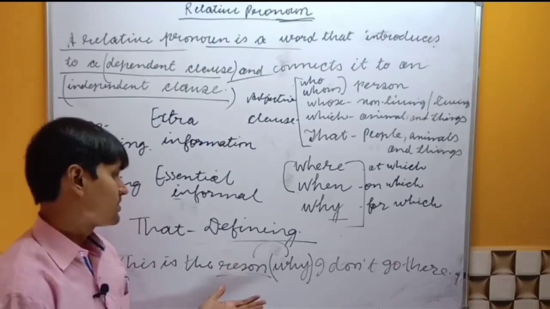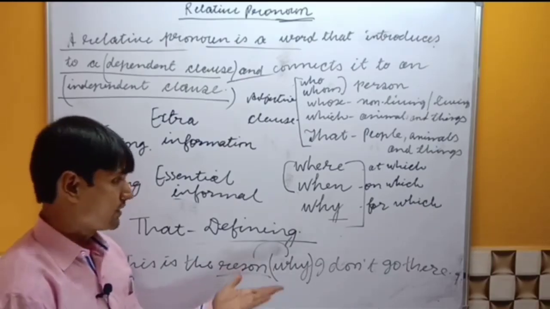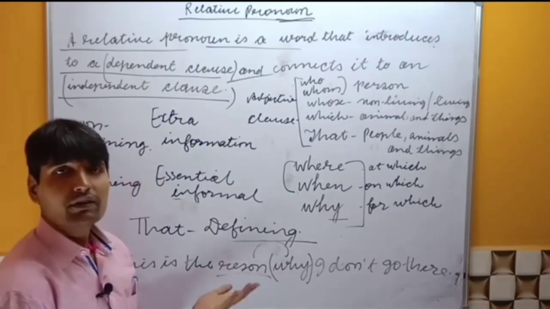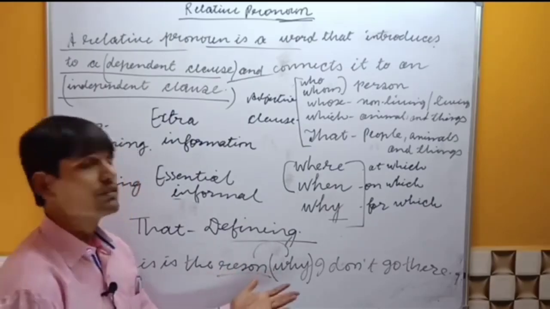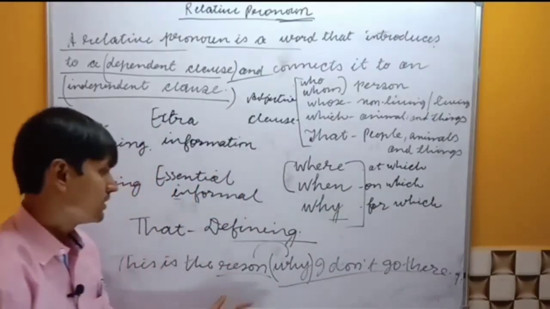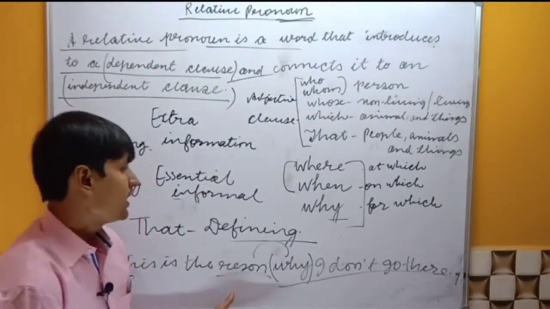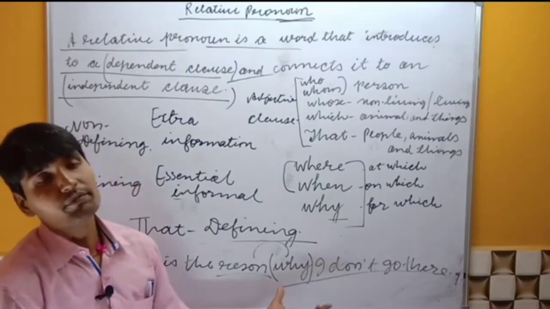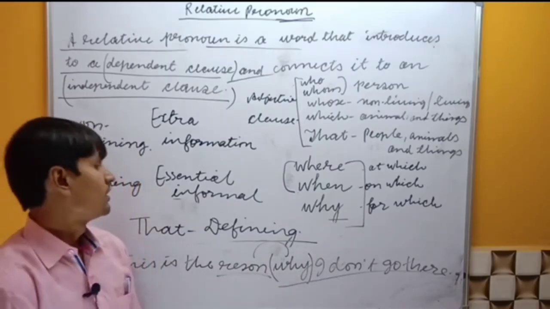So let's just complete them. Here you can see I have explained that before why there is a reason, that is the noun, and it is the antecedent of why, and it is just like the relative clause, and it is just completing the meaning of the sentence, okay.